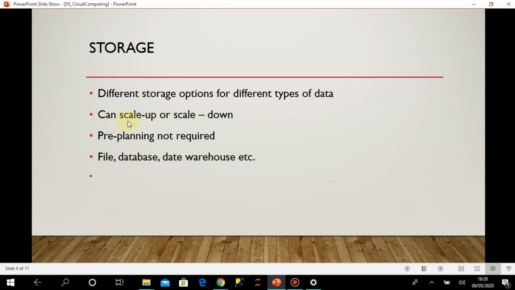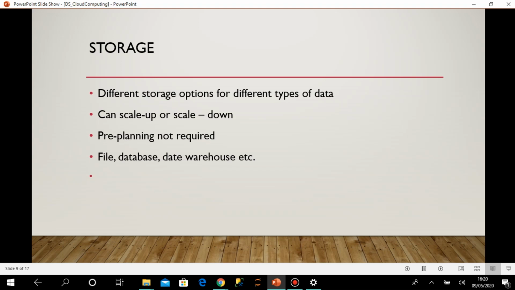And that's why I've written that we can scale up or scale down. So that is the advantage of cloud computing, that whenever I require, I can get more and more storage. I have to pay the cost, of course, and when we don't need it, I can scale down as well. In the case of physical hardware, it is very difficult. Once you have bought something, then if you don't need it, either you have to keep it with you or you have to sell it at a very low price.